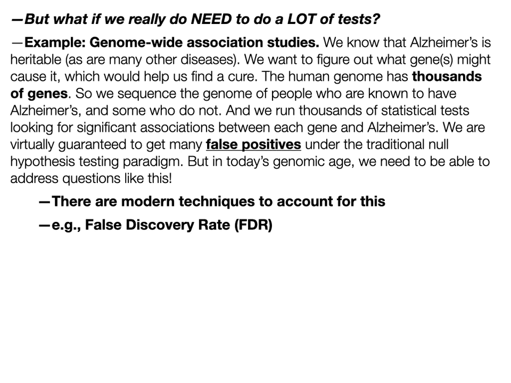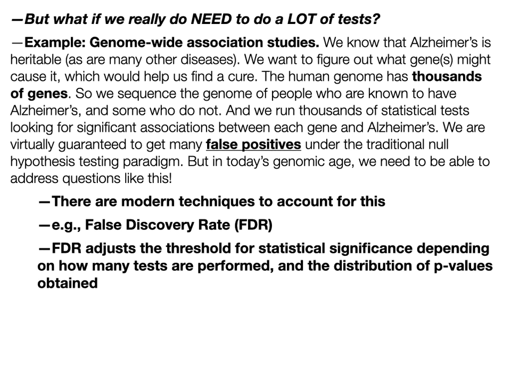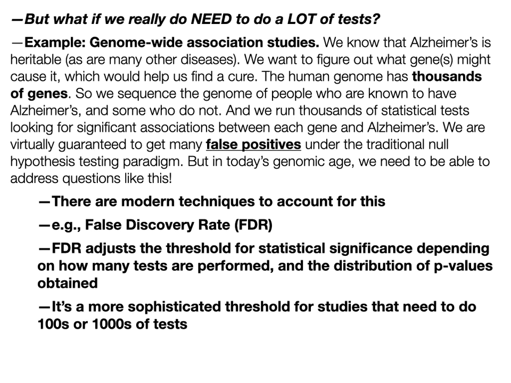One technique that is based on the null hypothesis paradigm is called false discovery rate. We're not going to get into the details of how it works, but basically what it does is it adjusts the threshold for statistical significance depending on how many tests are performed and depending on the distribution of p-values obtained. And it's the best choice for studies that need to do many, many tests, like hundreds or thousands of statistical tests looking at the same question.